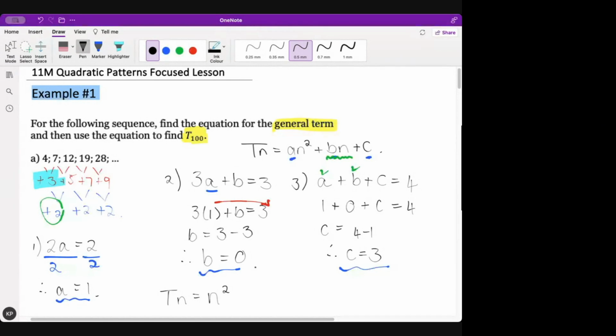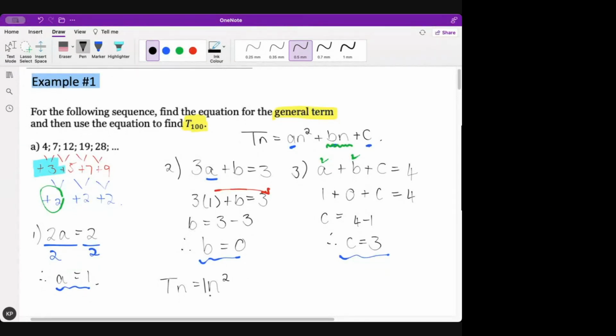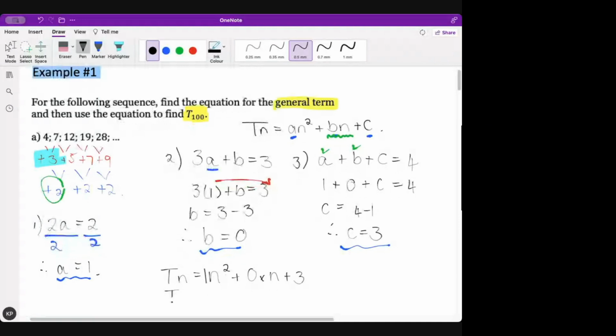B is 0. Maybe I should actually write it. I'm going to write everything before someone gets confused. So this would be 0 times n plus C, which is 3. And then you can write the proper one where we leave out the 1. This whole thing is 0, so it's gone, and that's plus 3.